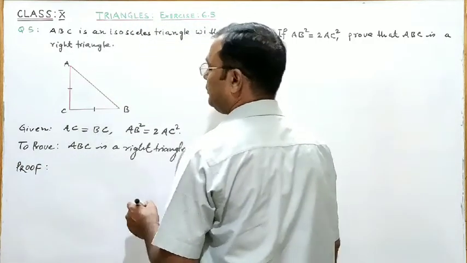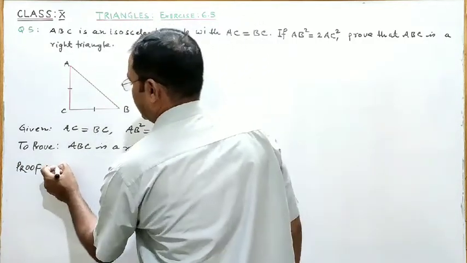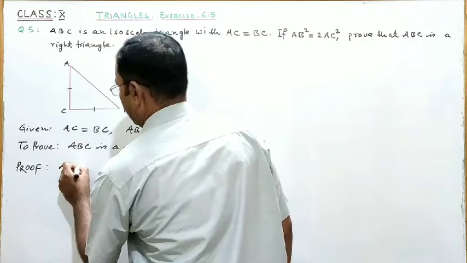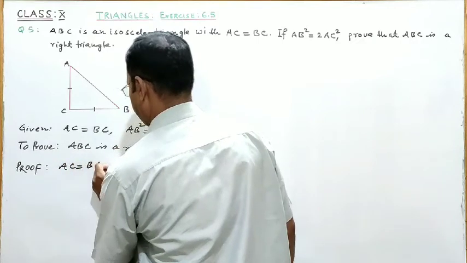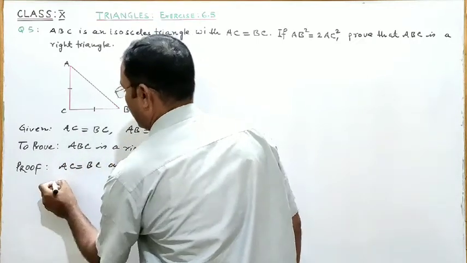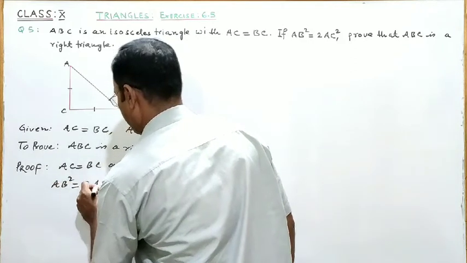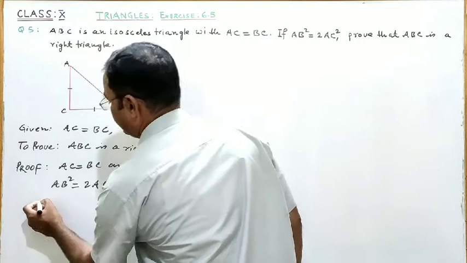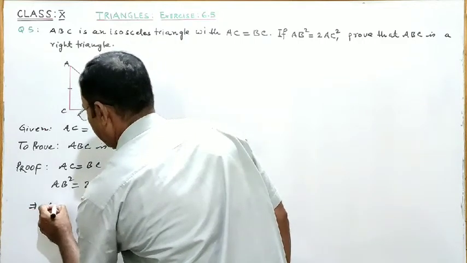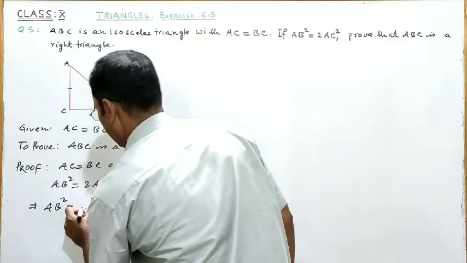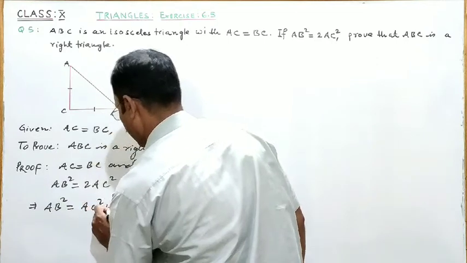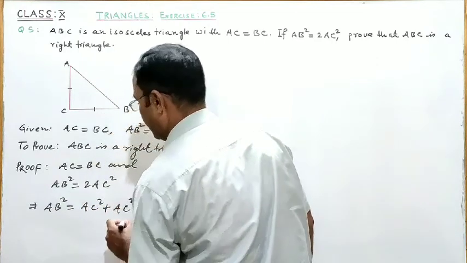Proof. We are given AC is equal to BC and AB square is equal to 2AC square. So AB square is equal to AC square plus AC square.